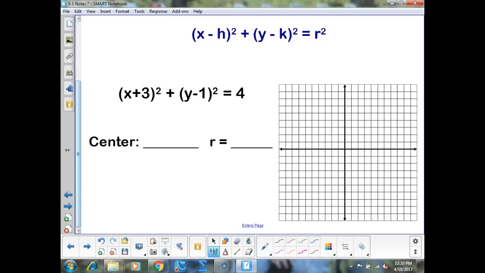Is it 3, negative 1, or is it negative 3, 1? Those are two different points, so we have to pick one of them. What do we got? Negative 3, positive 1 is our center.